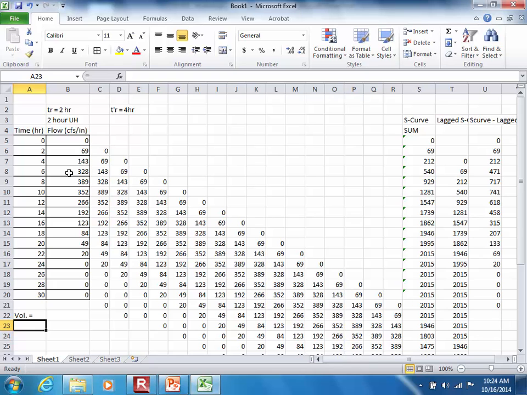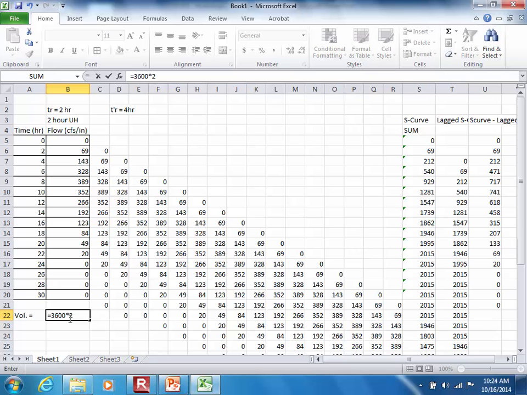Remember, volume is flow rate times time. Each one of these is 2 hours apart. So if I wanted to know the volume that happened during each of these, it would be 69 CFS, cubic feet per second, times however many seconds there are in a 2-hour time period. So the volume equals 3,600, which is how many seconds in an hour, times 2.